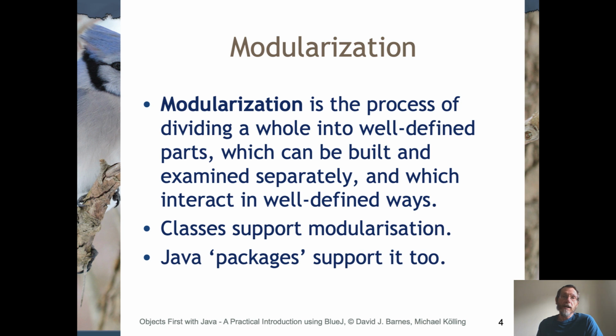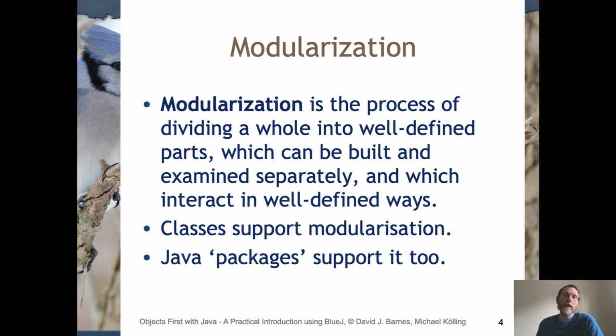And classes are one particular way in an object-oriented environment that support modularization. They allow us to group together related functionality in a single class and then make use of that class as part of the overall problem that we're solving. And something that we haven't touched on yet, but we'll meet later on, is the idea of a Java package.